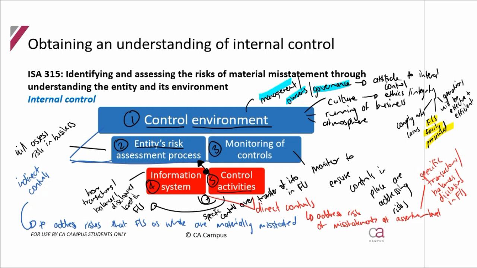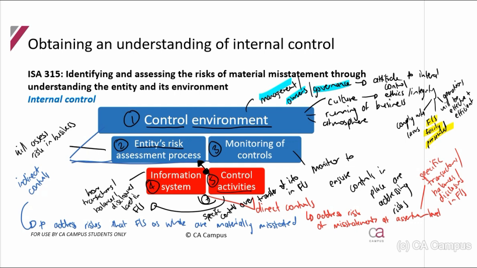But I just want you to be aware that without a strong control environment, without management identifying risks so that they know where the risks in the information system lie, they cannot put control activities in place. And if they don't put control activities in place, those risks are likely to materialize into misstatements and no longer be risks of material misstatements.